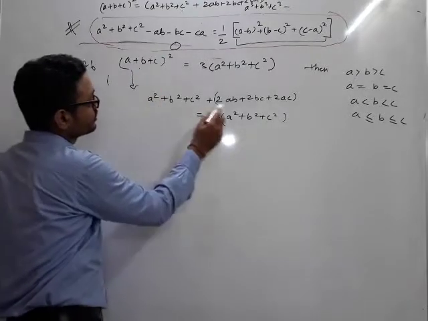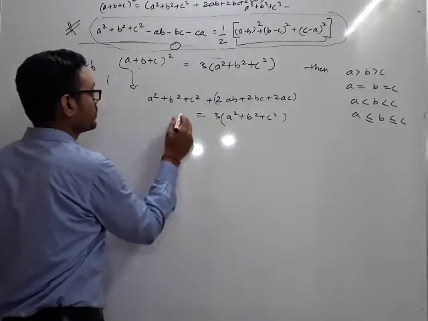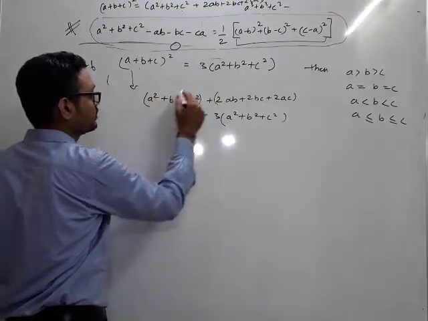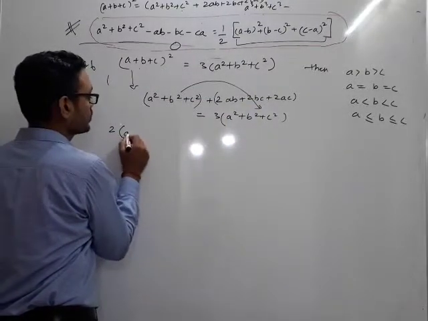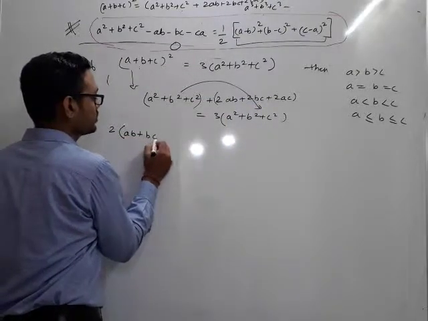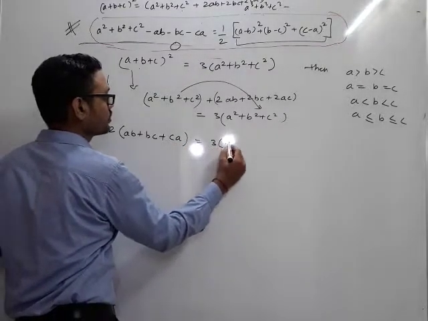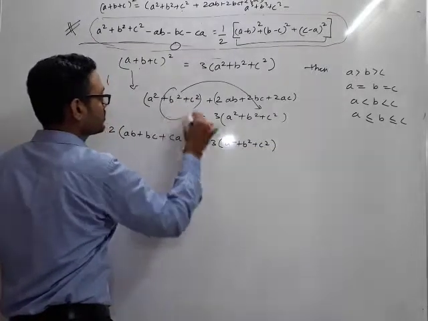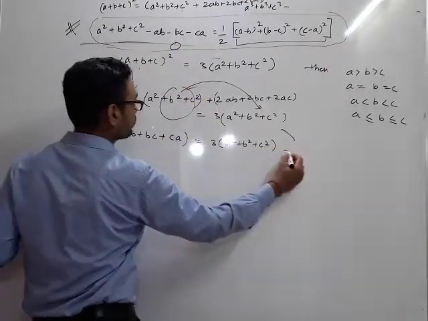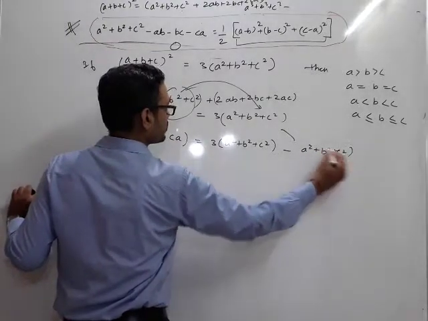This I have substituted over here. So if we have to expand this, and if we take this as one bracket and take it on the right hand side, it becomes twice of AB plus BC plus CA is equal to thrice of A square plus B square plus C square, and this term I have brought over here, minus A square plus B square plus C square.